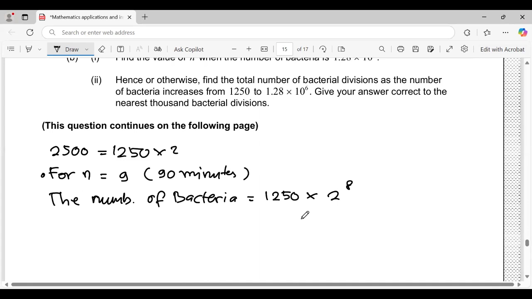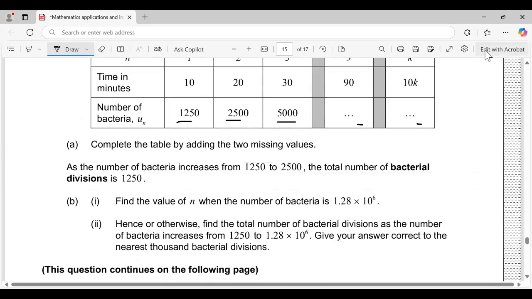So for n equals 9 it is 1,250 times 2 to the power 8, or if you calculate, this is 320,000.